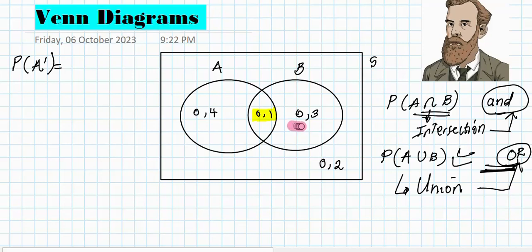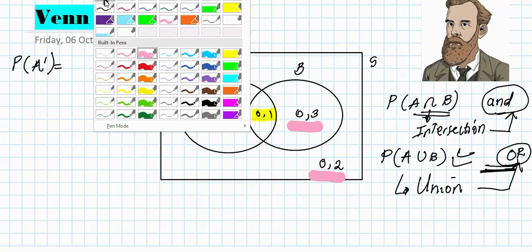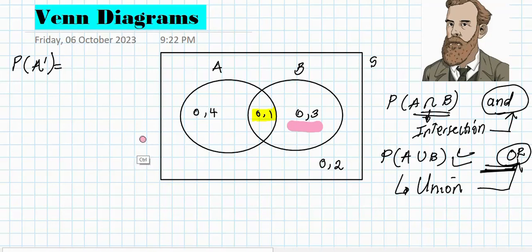Then I'll focus on this number because this only works with B and has nothing to do with A. And I'll also involve this number here. So when I'm looking for the complement of A, I'm actually talking about the 0.3 plus the 0.2. That should give me 0.5. Easy as that.